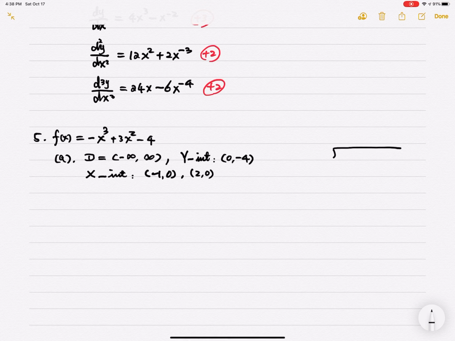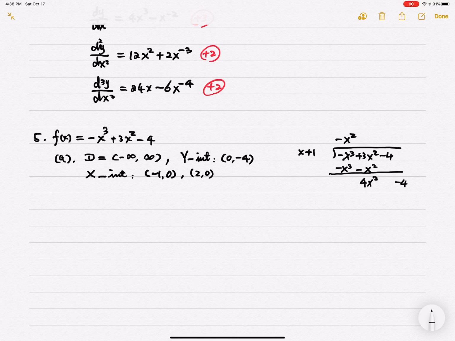Okay, so you try x plus 1 as a factor. Negative x to the third plus 3x squared minus 4. The first quotient term is negative x squared, so it's negative x to the third. And then minus x squared. When you do subtraction, you're going to have 4x squared, minus 4.